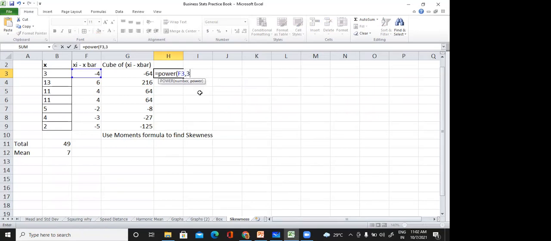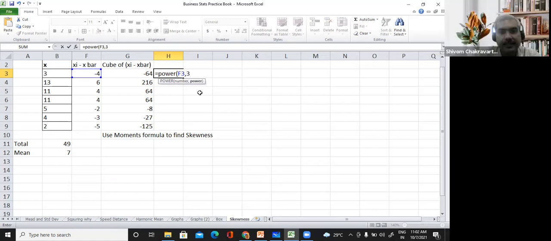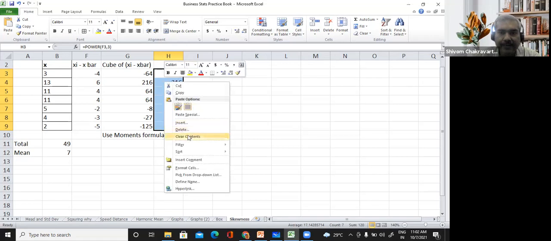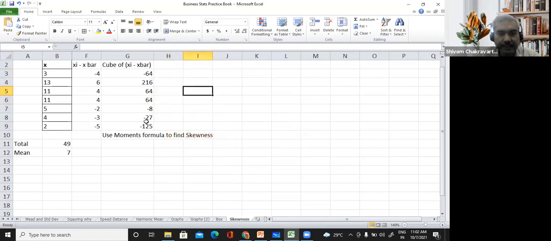Here we are using power 3, since cube means power 3, so it will give the same result. There is a function in Excel for almost everything, but right now one way is enough.